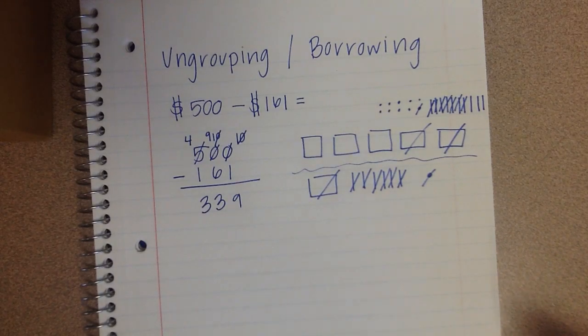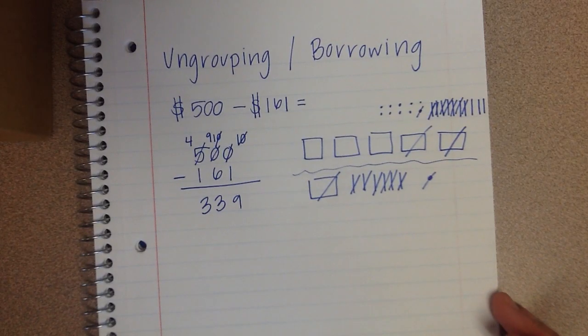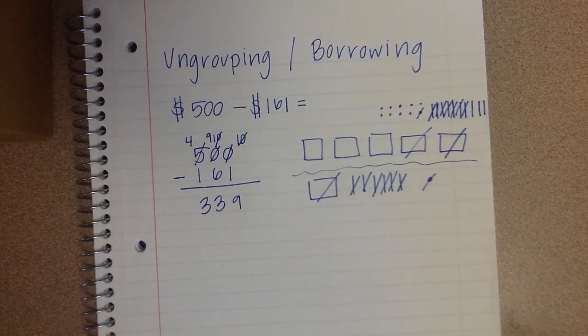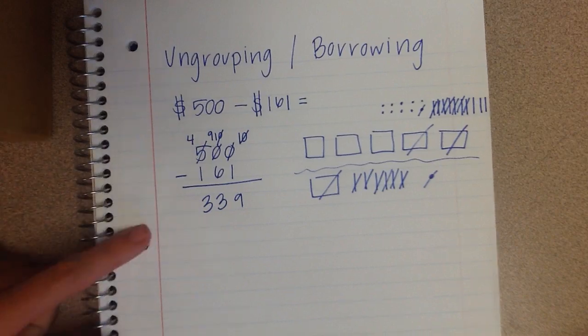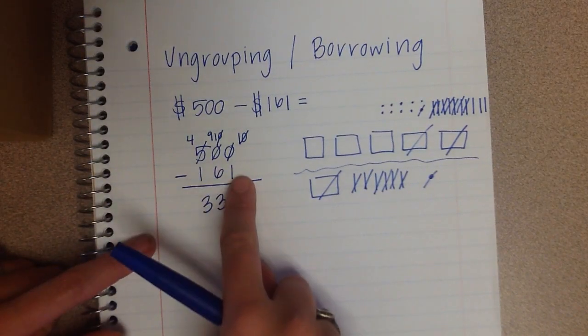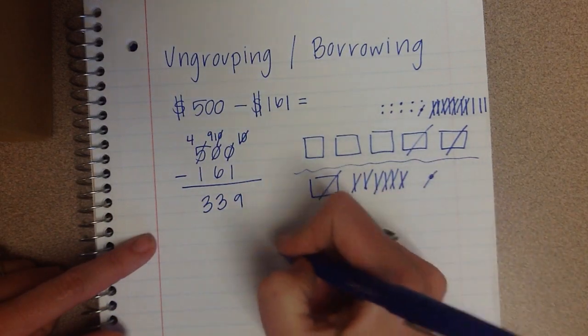Now, I will be honest with you. If the cash register broke in the mall when I'm getting these fancy glasses with Caitlin, and say my cell phone was broken, I would have to know how to do this. Because I had to do a lot of borrowing and ungrouping, I would want to check my work.